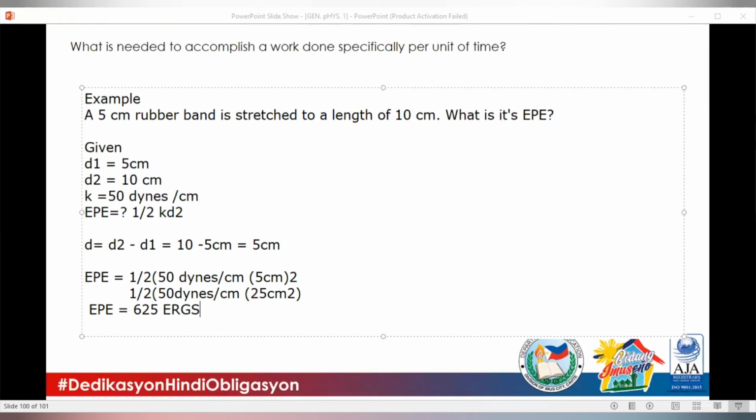Work done on an object is equal to the change of kinetic energy plus the change of potential energy, and therefore the total mechanical energy is equal to the potential energy and kinetic energy.